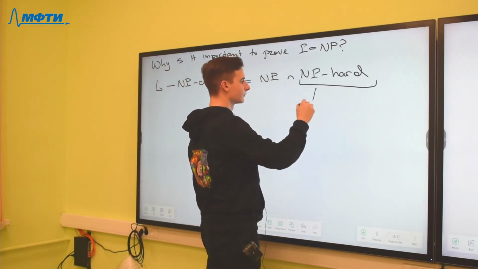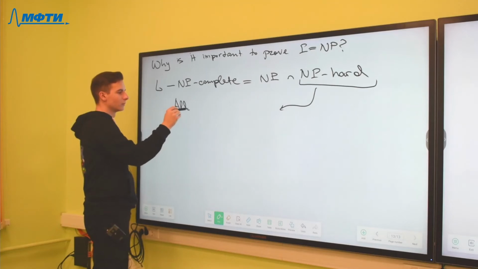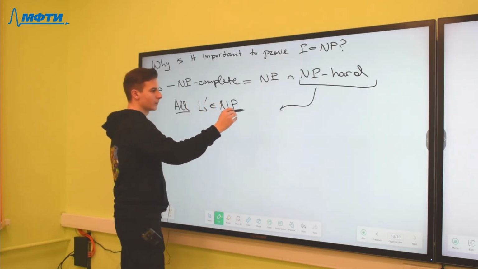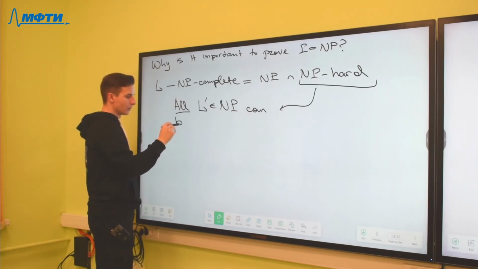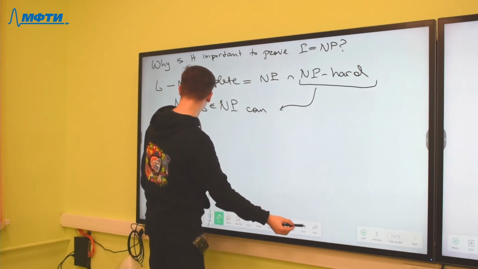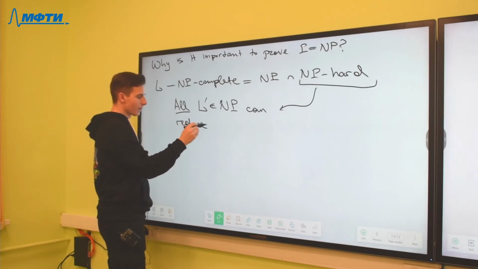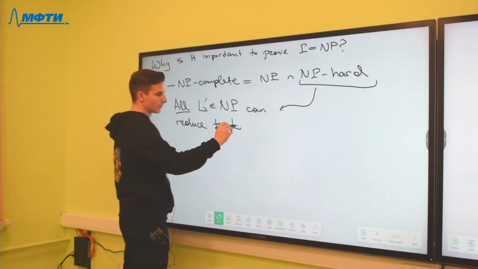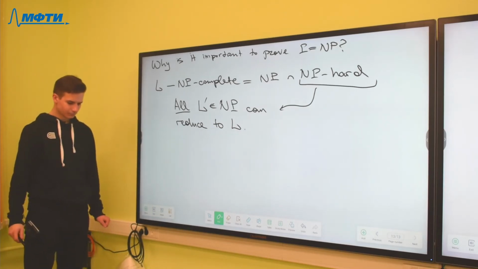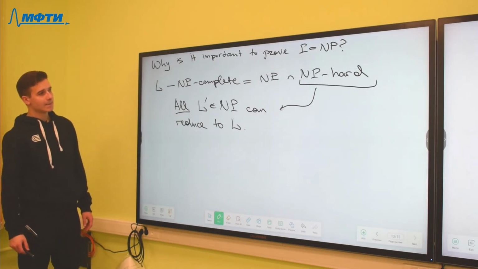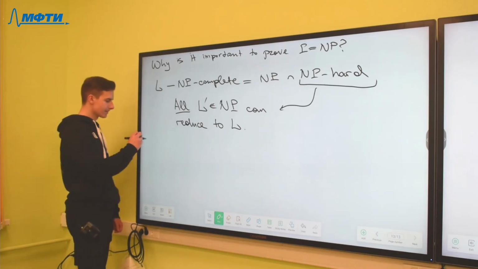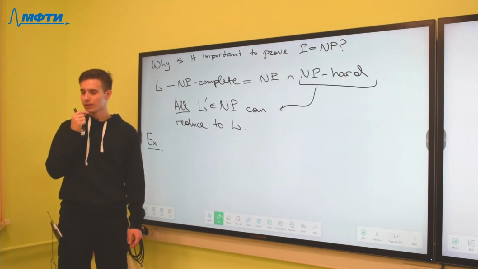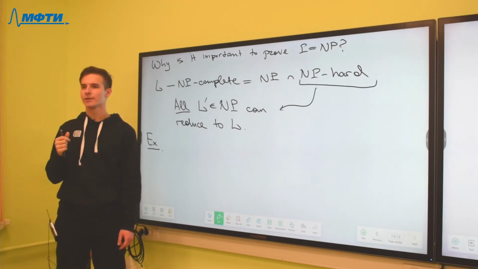What is NP-hard? It means that all languages L in NP can be reduced to L. For example, we have a task: find the maximal cycle in the graph.